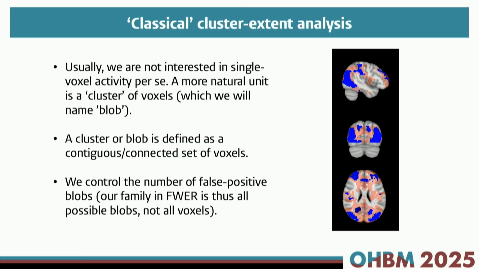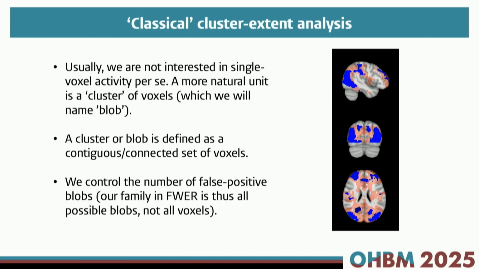So in order to make a method that is somewhat more powerful, instead of doing this Bonferroni correction, we can also control the family-wise error rate, not of all the voxels, but of the clusters or blobs that we find. A cluster or a blob we define as a contiguous or connected set of voxels.